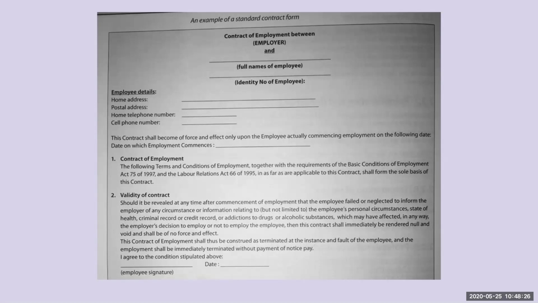So should it be revealed at any time after commencement of employment, so that's the start of employment, that the employee failed or neglected to inform the employer of any circumstance or information relating to, but not limited to, the employee's personal circumstances, state of health, criminal record or credit record, or addictions to drugs or alcohol substances which may have affected in any way the employer's decision to employ or not to employ the employee, then this contract shall immediately be rendered null and void. So in other words, it will no longer be valid and shall be of no force and effect.